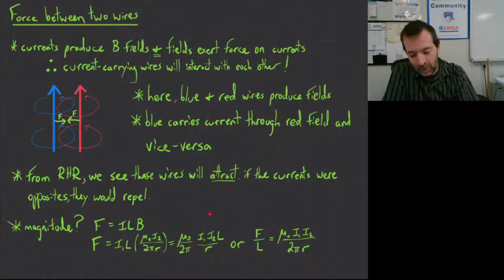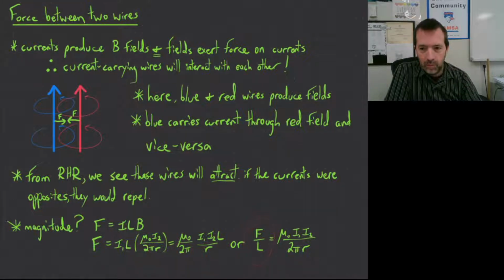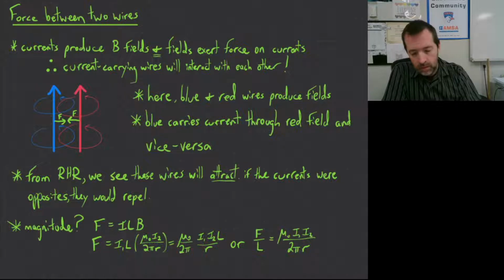You wouldn't want to use the first formula because you'd have to be plugging in infinity for L, and that tells you the force is infinite. That doesn't really help. So the force per length is a little bit more usable in some ways. And so you may see questions that talk about it that way.